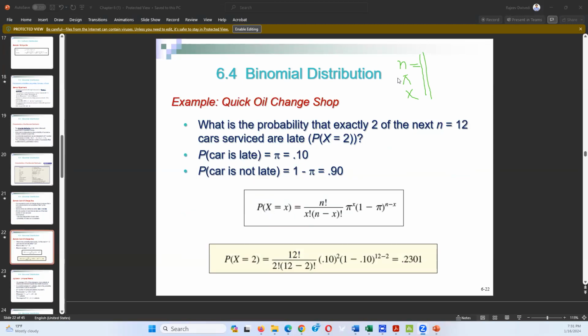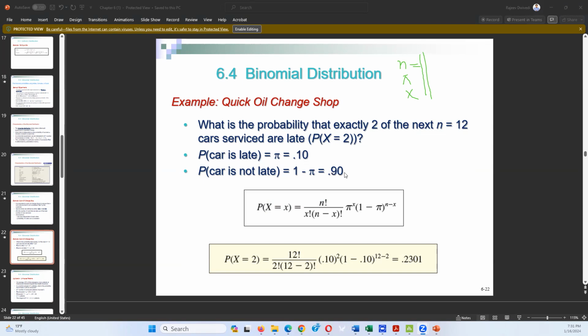So let's look into this question. What is the probability that exactly two of the next n equal to 12 cars serviced are late, and probability of service late is 10%.